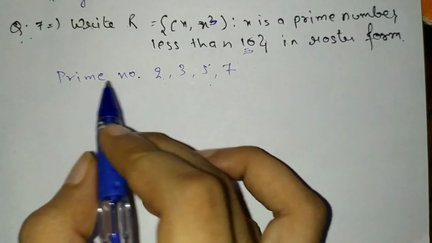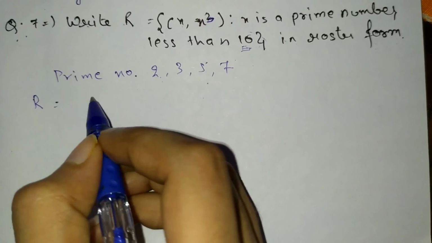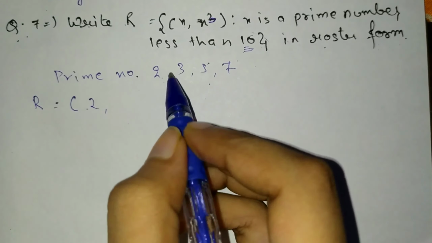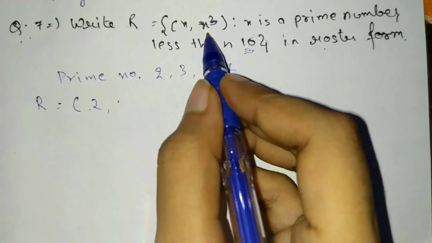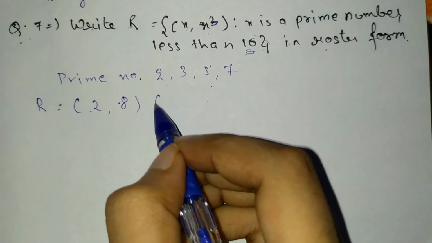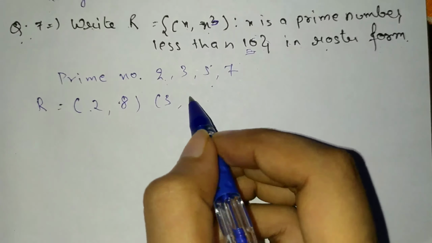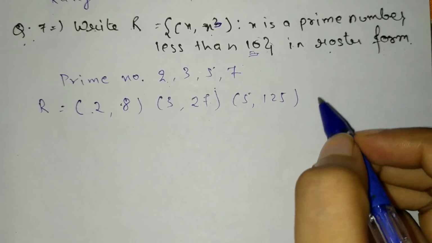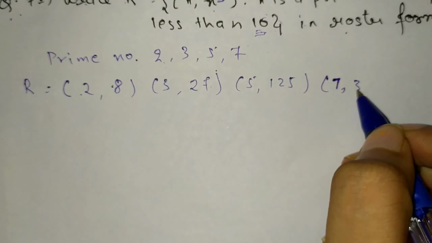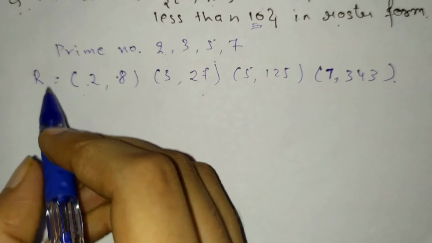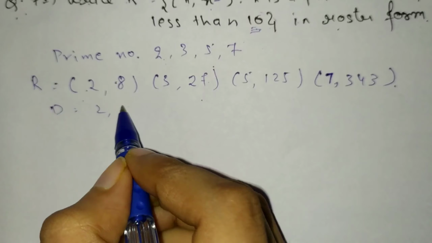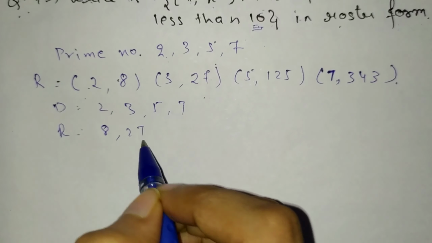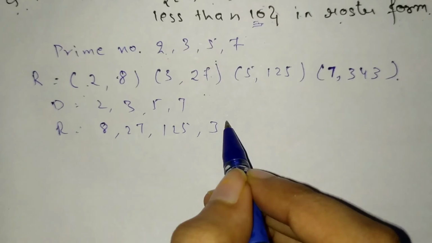So in this case our relation R will be equal to 2 and 2 to the power 3, that is 8, 3 and 3 to the power 3, that is 27, 5 and 125, 7 and 343, and here the domain is 2, 3, 5 and 7, and the range is 8, 27, 125, 343.